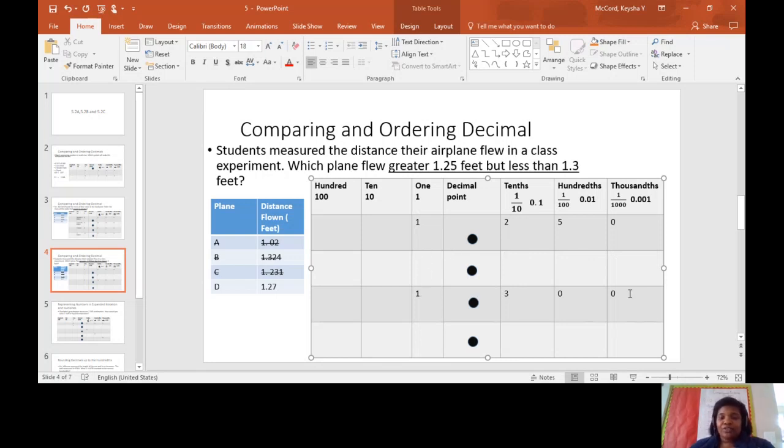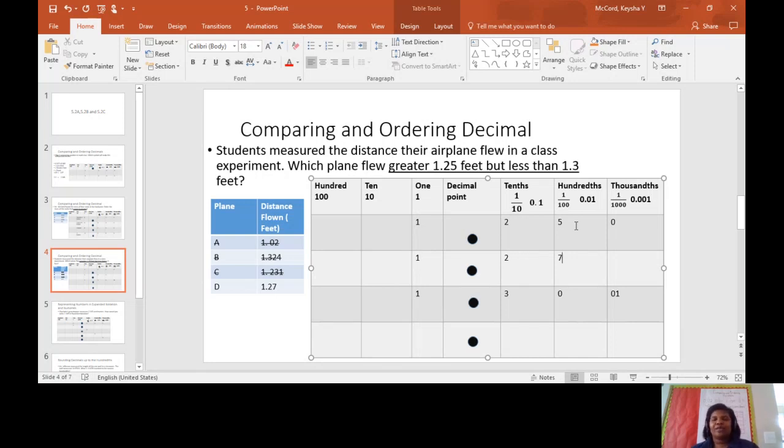So now I'm going to the last one, plane D, 127. Okay. Now that I've done that, I'm going to compare. So I go 1 and 1 and 1, they're all equal. 2 and 2, they're the same.